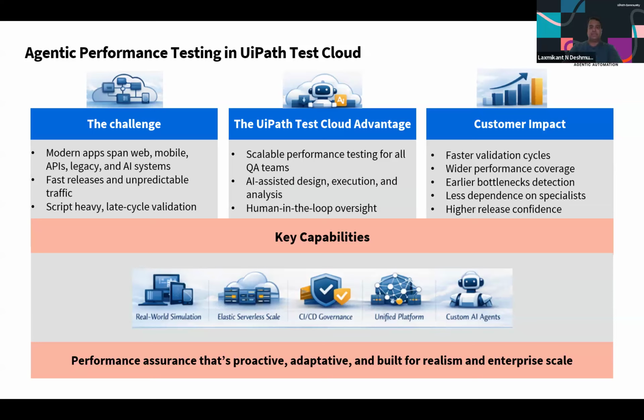And it helps our clients with a faster validation cycle, wide performance coverage, and earlier bottleneck detection, because we help you apply the load systematically and really resemble the real-time scenario of how users are actually logging into the application, right?